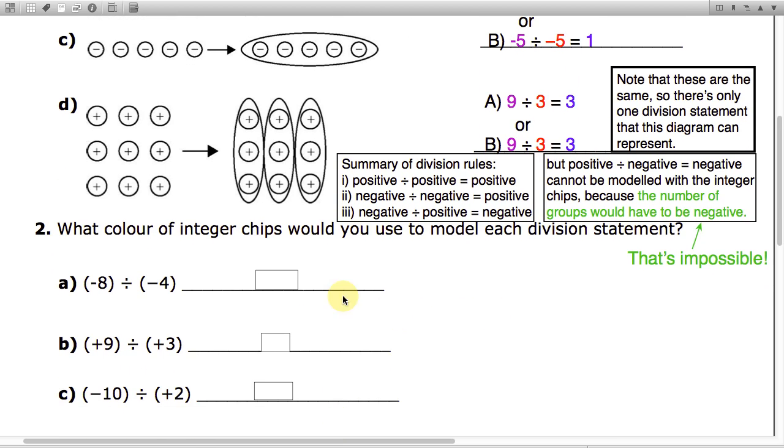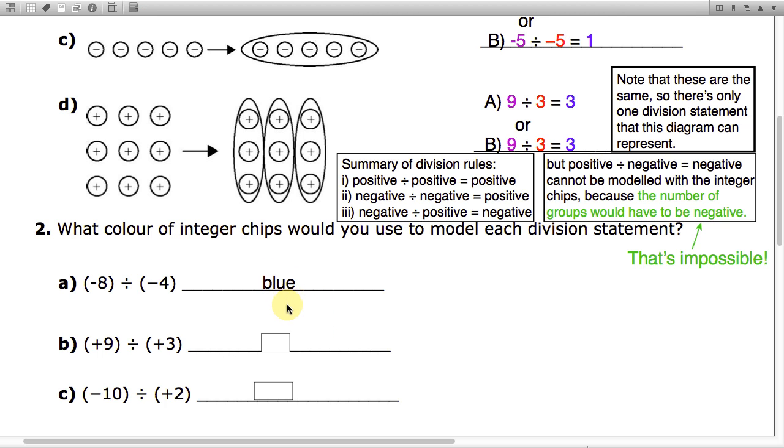The next question is asking, what color of integer chips would you use to model each division statement? Well, in each case, the dividend is the number of chips that we're starting with, and that really determines its color. So I know this is black and white here, but if we want to represent negative, we can either draw little circles with negatives inside, or we can draw circles that are blue.